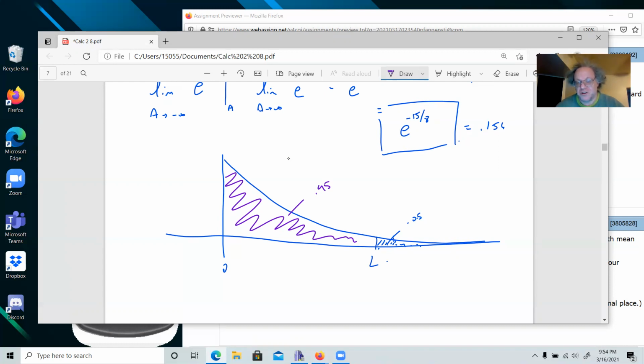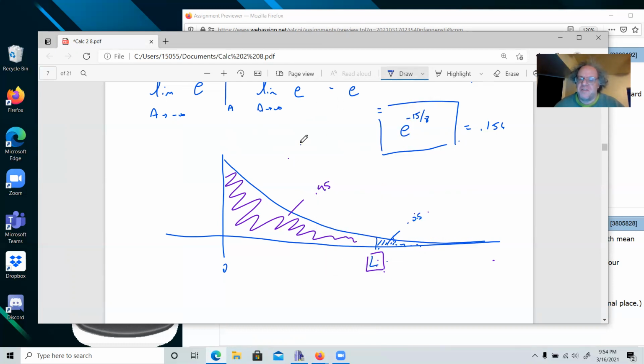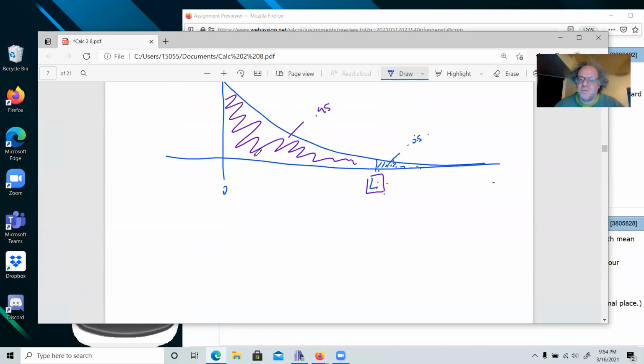You can go from 0 to L to get 0.95, or go from L to infinity, which means another improper integral, to get 0.05. All we're looking for is what this value is, and it doesn't matter how you think about it; that's just how you set your integral up. I'll bet you've probably had enough improper integrals for a little bit, so why don't we do it this way and figure out L from that?